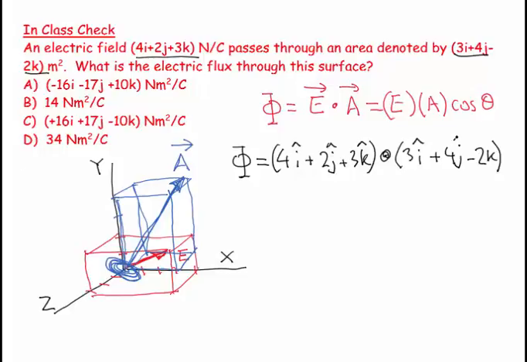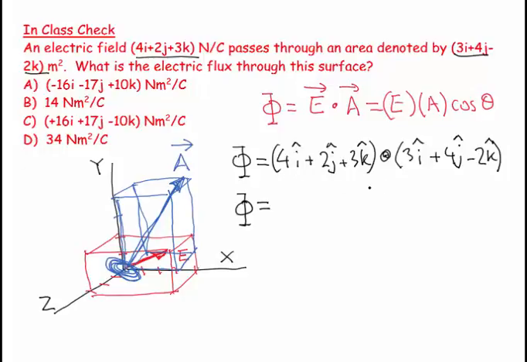Put my little hats on, and now you have to remember, how do I do a dot product? There's a dot product, the so-called scalar product, and a cross product, which is the so-called vector product, and people get them confused.